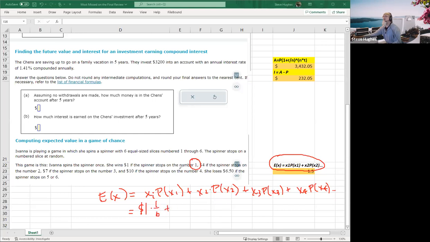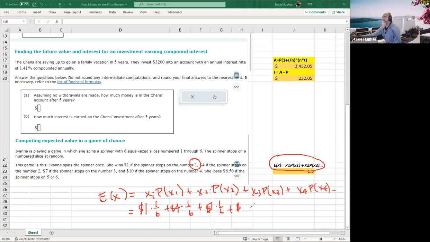Plus, if she lands on a two, she wins $4. What's the probability? It's 1/6. If she lands on a three, she wins $7, so $7 times 1/6.